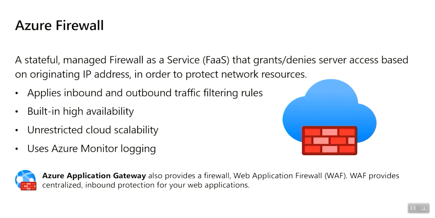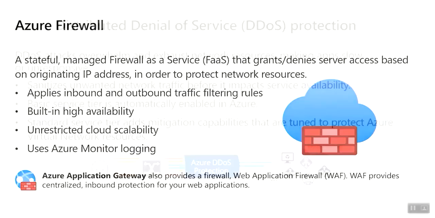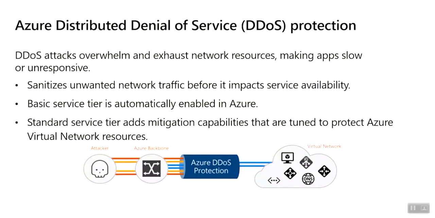So firewall, perimeter layer. Another piece of perimeter layer protection that's offered is the distributed denial of service. So with the distributed denial of service, well, before we talk about what this protection is, let's talk about what an attack is. So a DDoS attack, distributed denial of service attack, is when there is an overwhelming amount of traffic sent to your Azure network or your resources, and essentially it overwhelms your resources, making them slow, or it can even take them down completely.